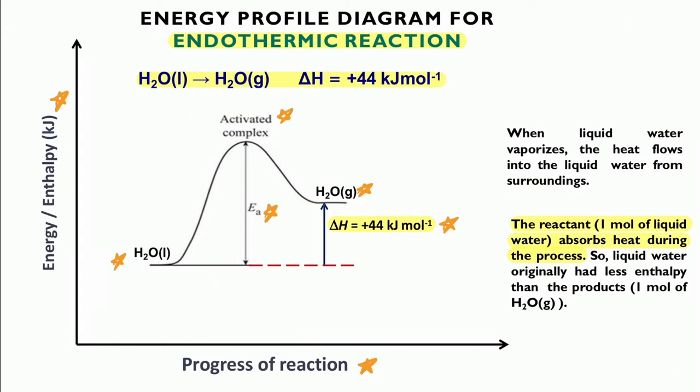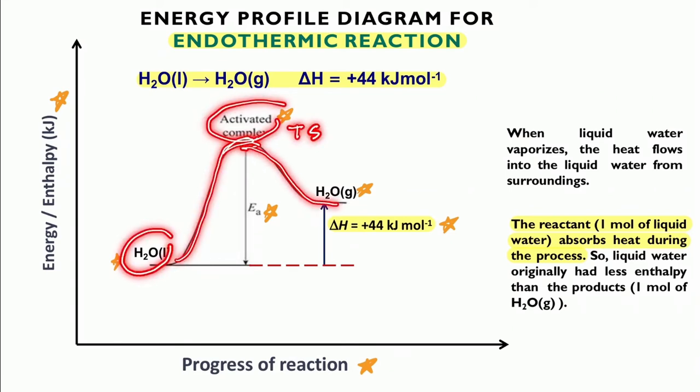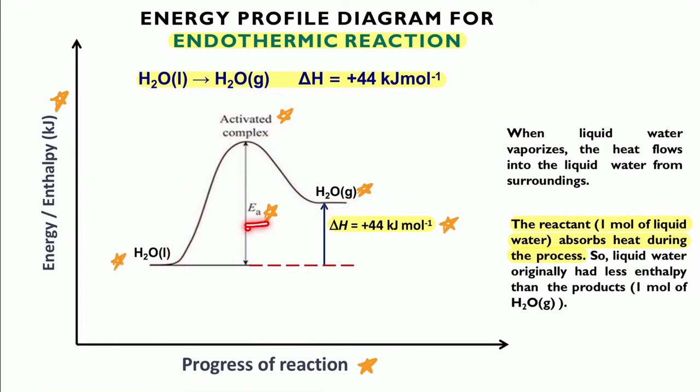Then our curve will need to have our reactant, our hill where we have our activated complex or transition state, and then we have our products. We also need to have our activation energy and our enthalpy change. These are very important labels you need to have in your energy profile diagram.